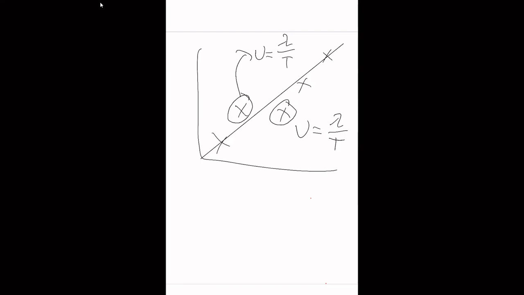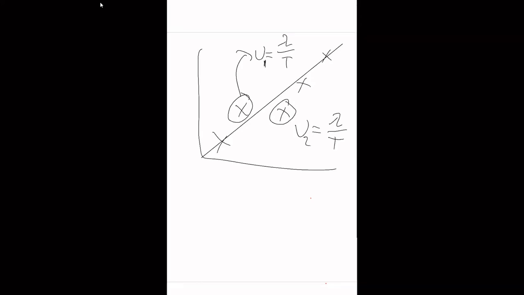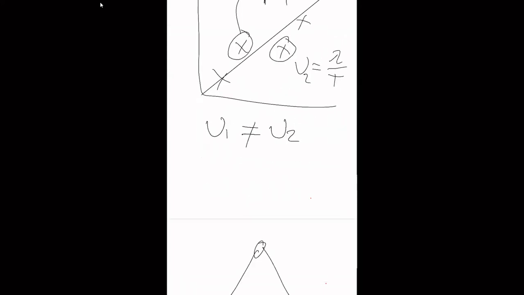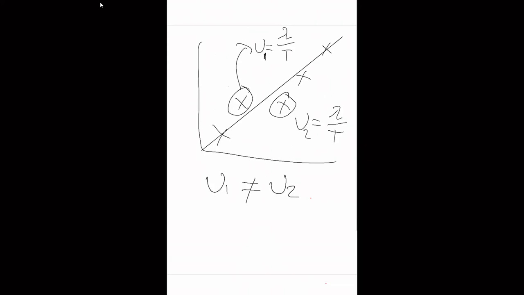Do they fit the line? No. Also, if I call this one V1 and that V2, V1 is not going to be equal to V2. But would you agree with me that the ideal situation is that without uncertainties, they would all fit on the straight line?